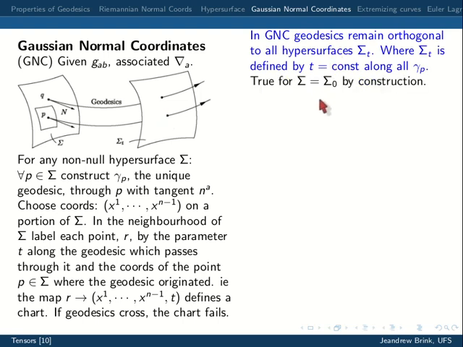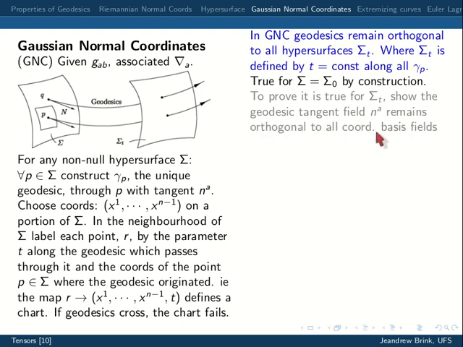Okay, so this is true if sigma equals sigma 0, and you want to prove that the tangent vector is still the normal vector for sigma t. The way you do that is you show that the geodesic tangent field remains orthogonal to all the coordinate basis fields.